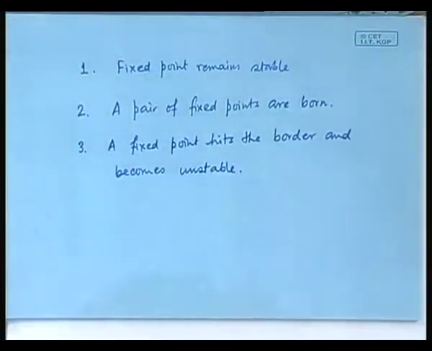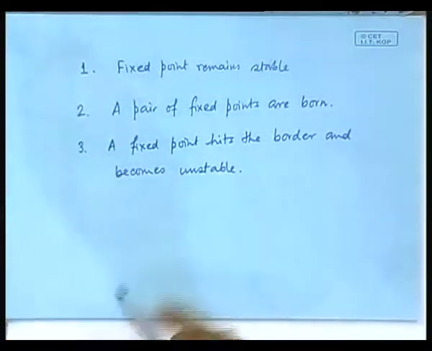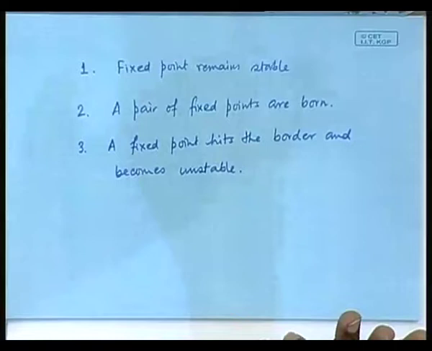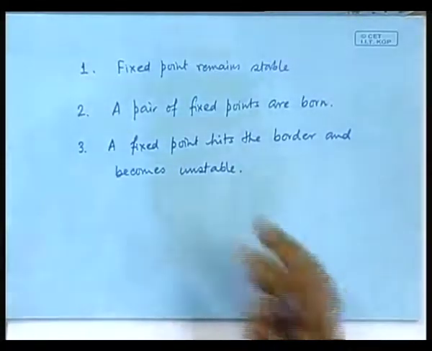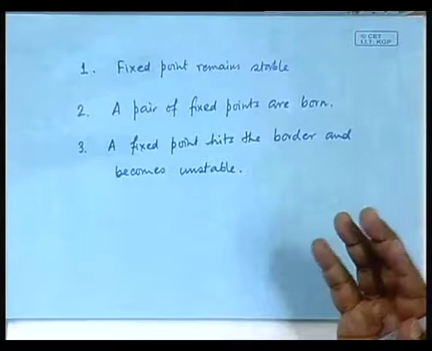Now, in contrast to what we have learned in 1D systems, all these have further sub cases which I will not go into, but just let me give you a glimpse of what can happen. For example, when a fixed point hits the border and becomes unstable, something else becomes stable. Now, what can become stable?